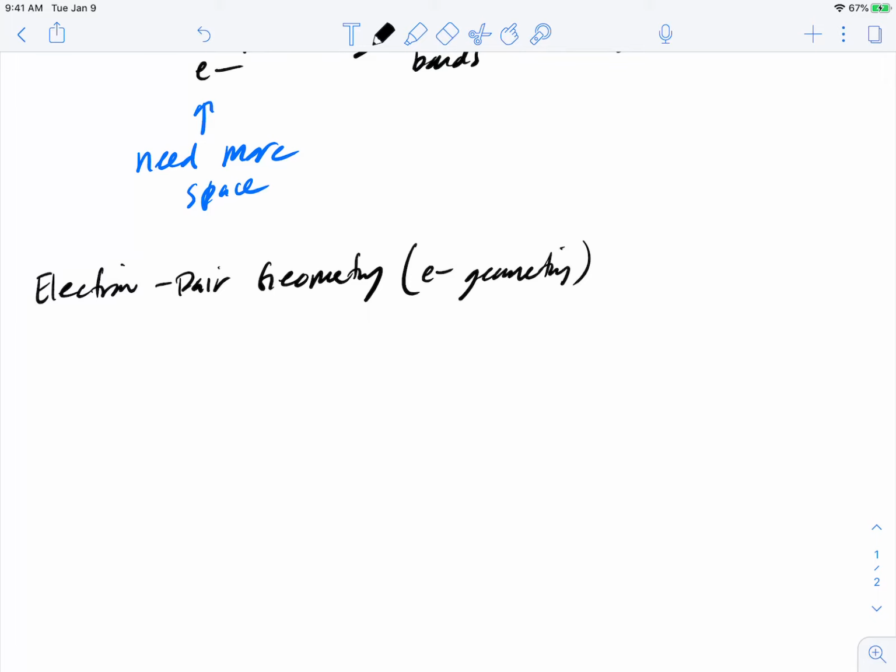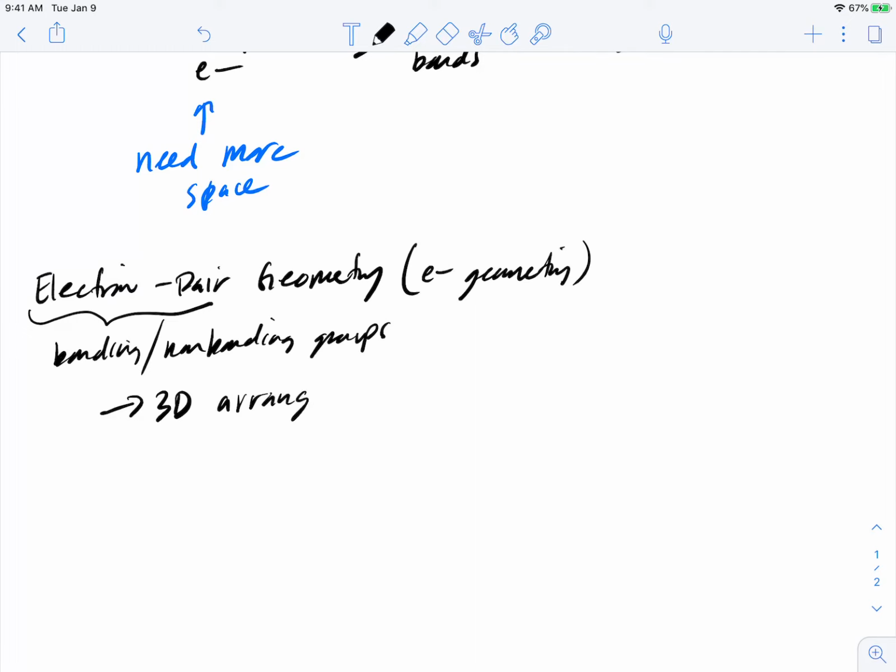And that's looking at all the electron groups, so electron pairs. Again, this will be looking at bonding and non-bonding groups. So this is going to be the 3D arrangement of electron pairs around the central atom.